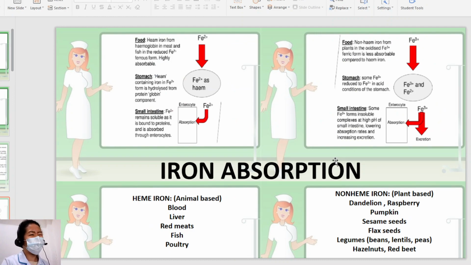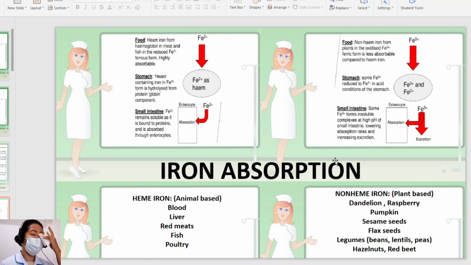So we do have two sources of iron absorption. First is heme iron from hemoglobin in meat and fish, which is reduced in ferrous form, and it is highly absorbable.